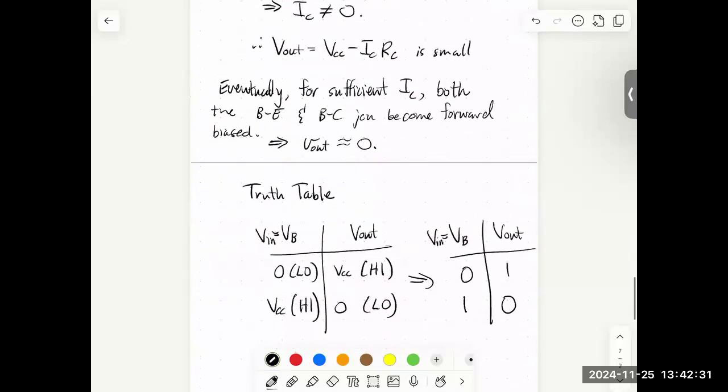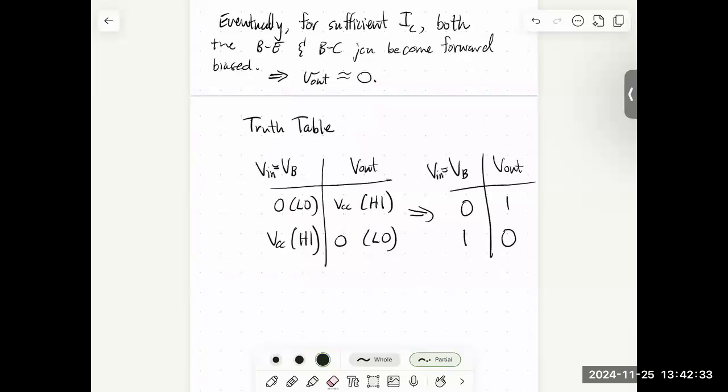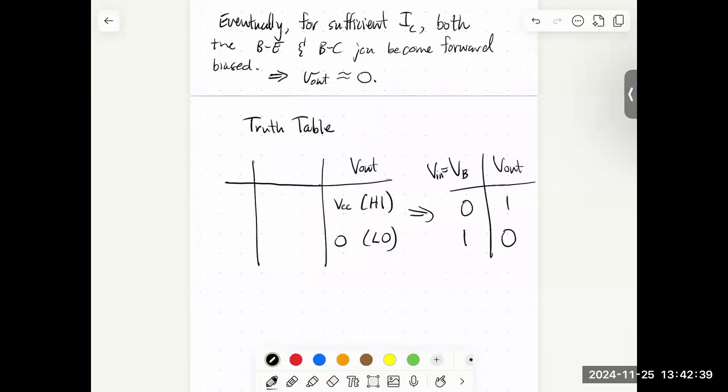So in fact, what I want to do is add a column to this first truth table. We'll say V in, which is equal to V base, and I'm going to put IC here. So if this was 0 or a low, then our current was equal to 0. And if this was VCC or high, then our current is not equal to 0.